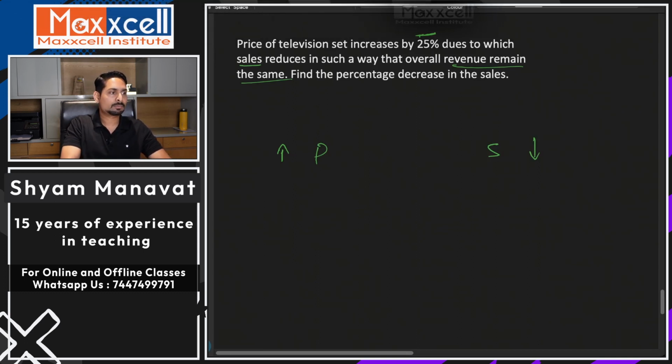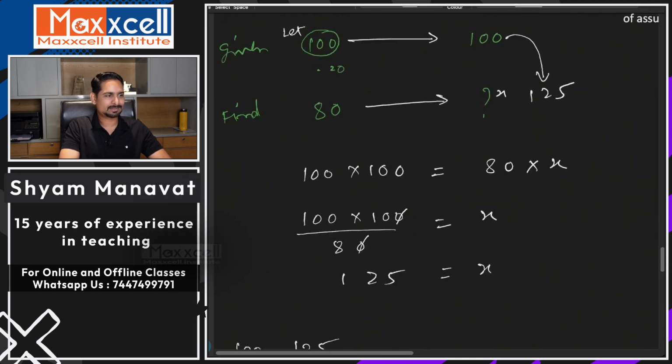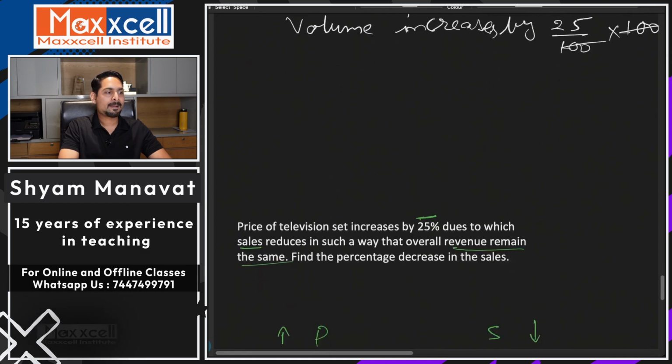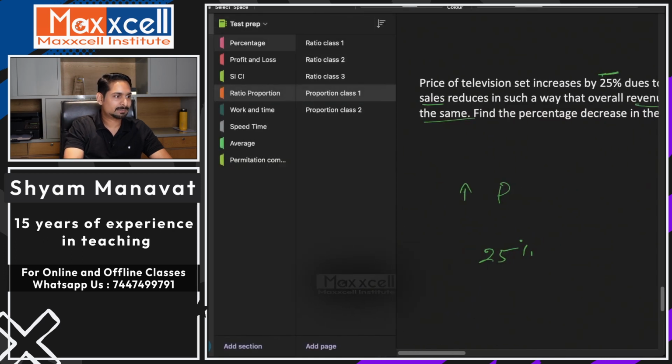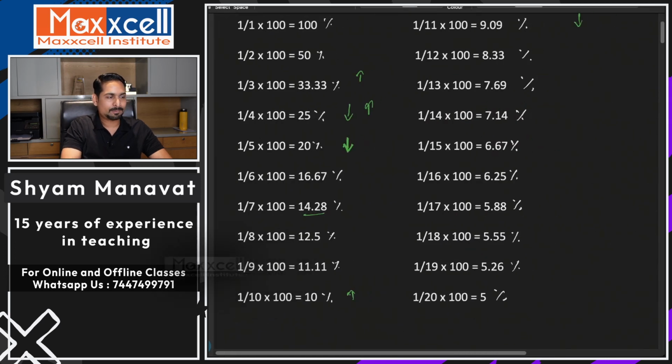Now, can I make use of the fraction percentage table? Yes, please. I can solve by the straight product and assuming the values also. But if price increases by 25%, sales should decrease by a value below this 25% in the fraction percentage table. What was the question?